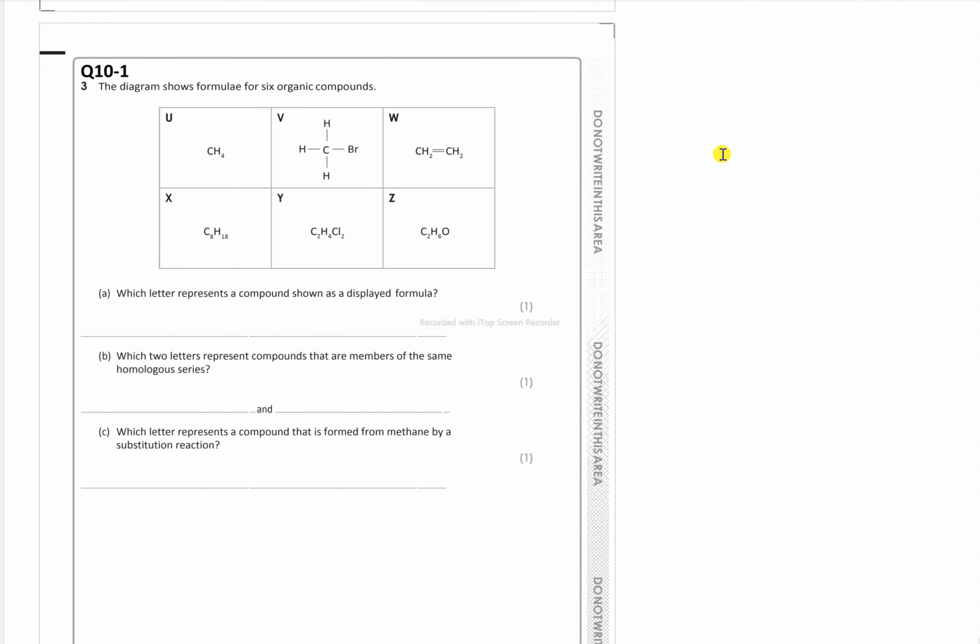So you've got now 6 organic compounds. A really simple way of looking at organic compounds, they contain carbon. Not 100% strictly true, because there are certain compounds like carbon dioxide that are not organic. Which letter represents a compound with its displayed formula? That's the only one showing all the bonds. The same member of the homologous series.